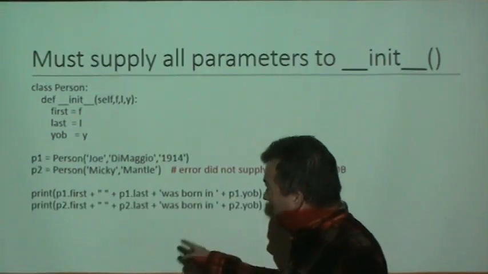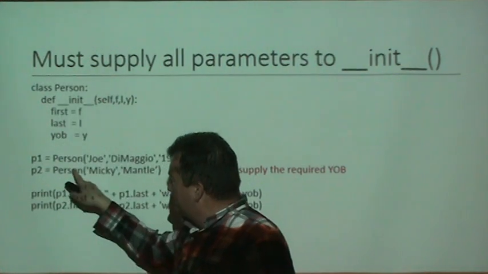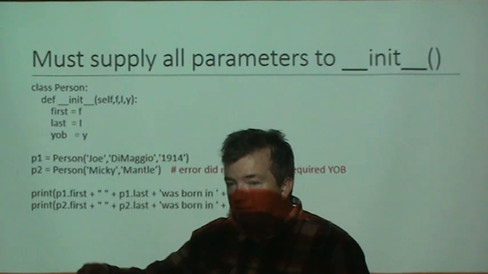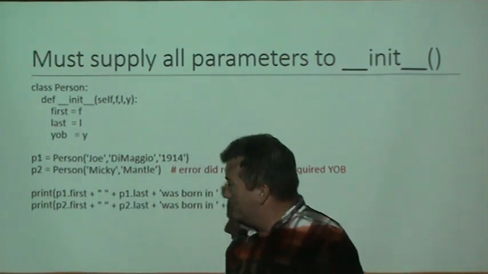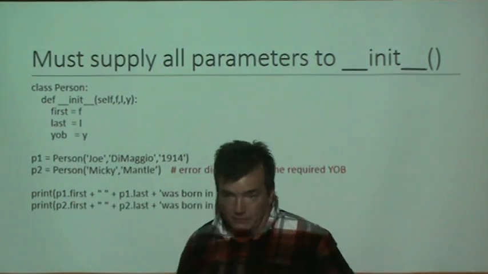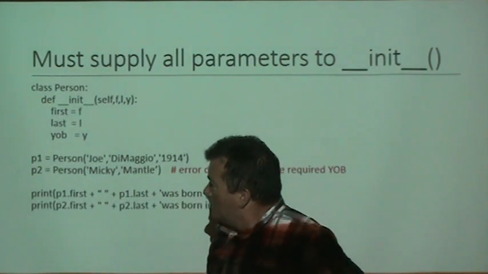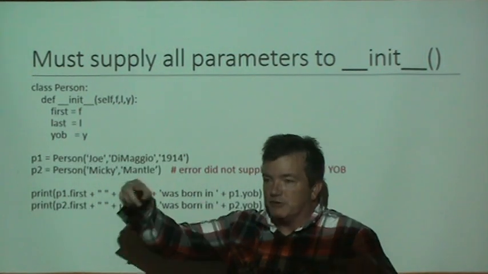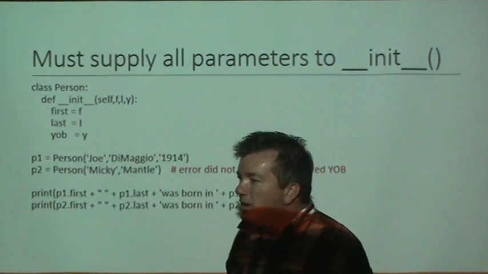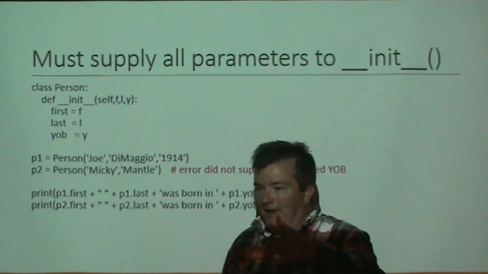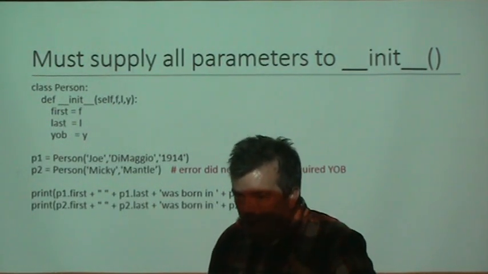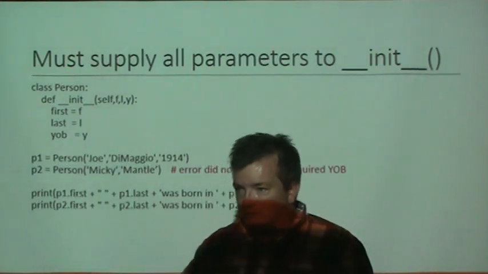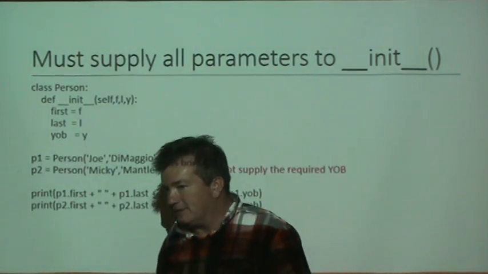Suppose I wanted to create a person, and I wanted to say, I want you to initialize the values, but it has a number of values. It has a first name, last name, and a year of birth. I want to supply the first name, the last name, and the year of birth, and I would like you to initialize it for me. So unlike a variable like x that only takes on one value, I'm now going to supply a lot of values for you to initialize it when you first create this object.